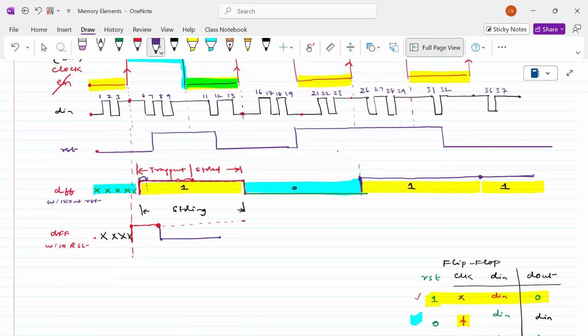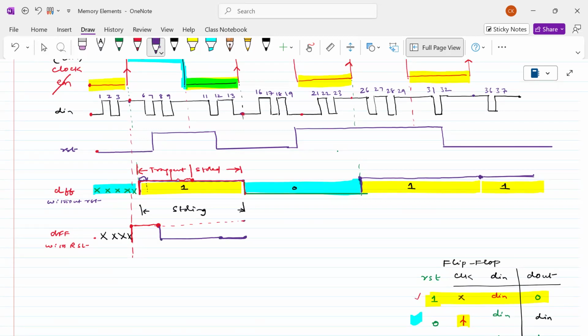Then we have to look at the clock signal, but the clock signal is also 0. That means it should be depending on the previous value. So what is the previous value? This is the previous value, right? So it will be available until the next positive edge of the clock. Is this point clear?